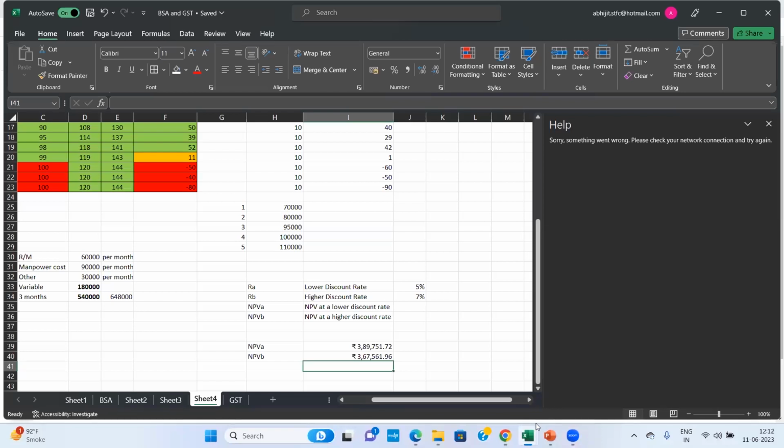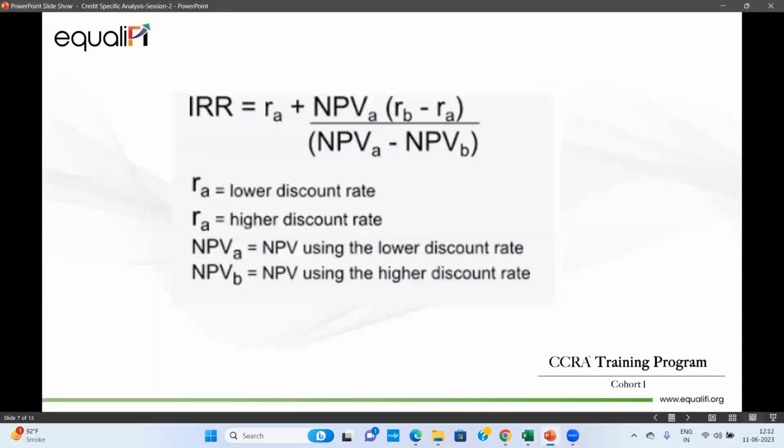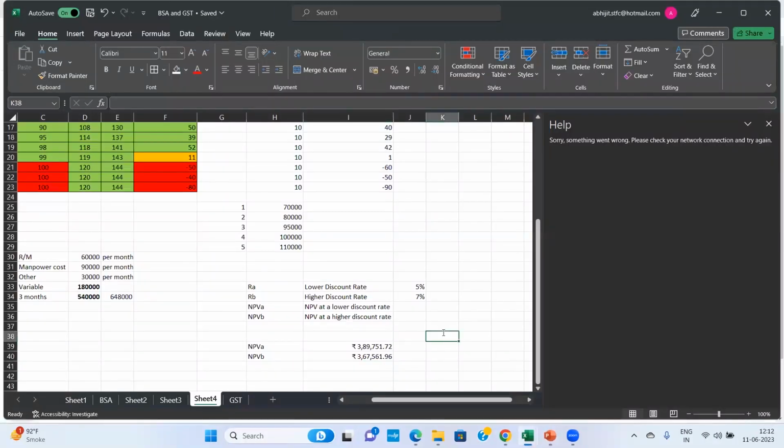It's very simple, Bharat. So do one thing. To ease your calculation, you first calculate the numerator: NPVA into RB minus RA, right? So this is my NPVA into RB minus RA. This is what I got, the numerator. Then what is the denominator?